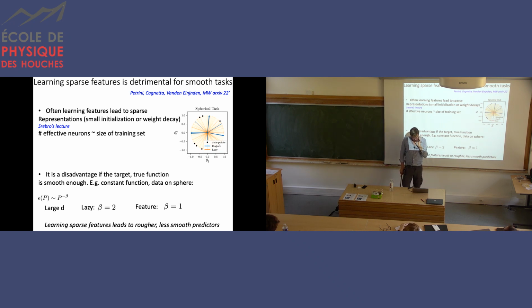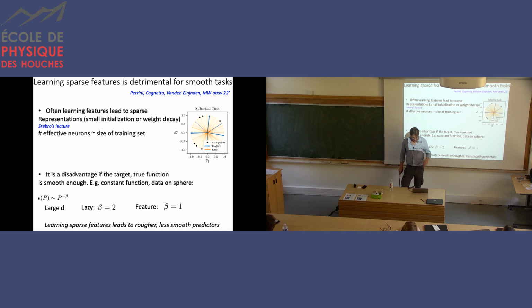So here's what we argue. If you have a fully connected net and you do, say, regression, that's where we could really work it out, but we think it's more general. We think that if the function you're trying to learn is smooth along certain directions in input space, then the feature regime has a drawback.